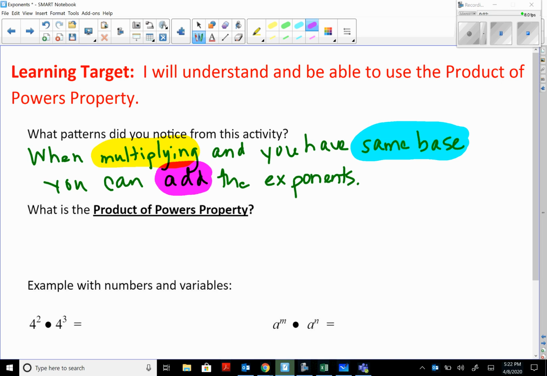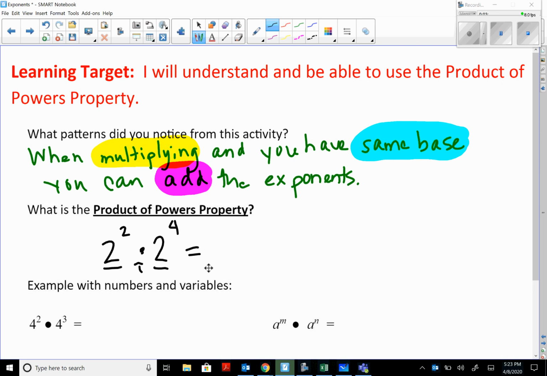So I'm going to go back to that first example, which was 2 to the, whoops, let me get off the highlighter for 1 second. Okay, so that first example was 2 to the second power times 2 to the fourth power. So according to the product of powers property, because I have the same base, both of these numbers are 2, and because I am multiplying, I am allowed to add the exponents.